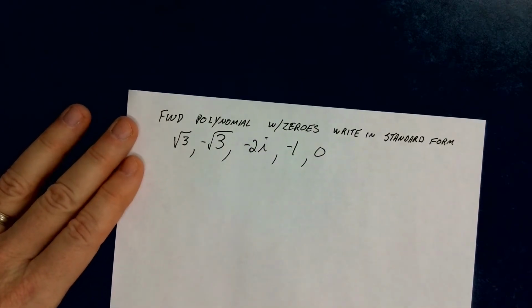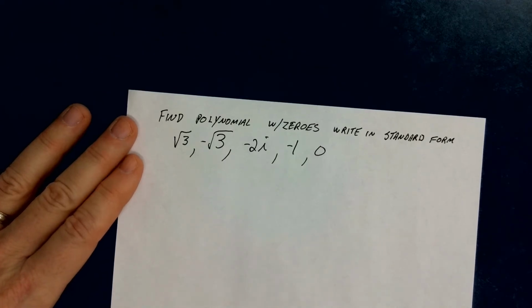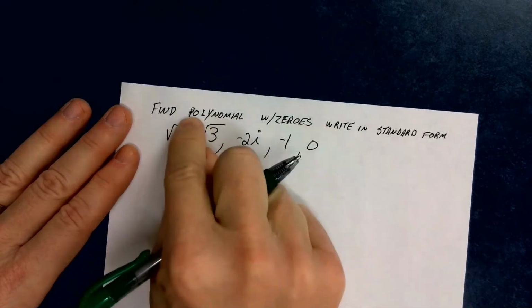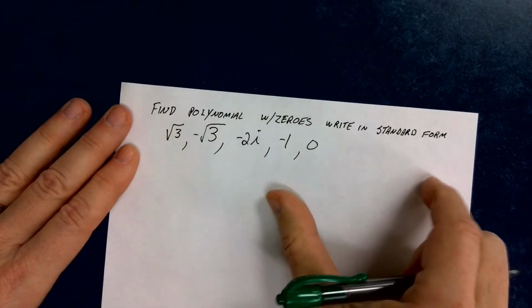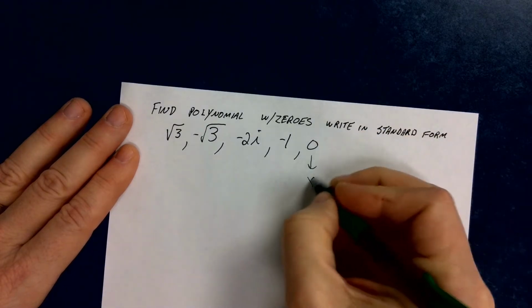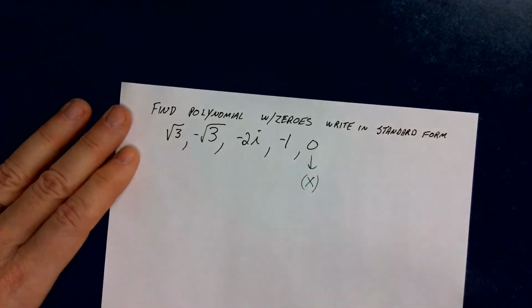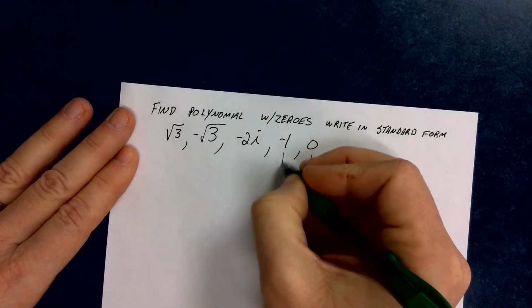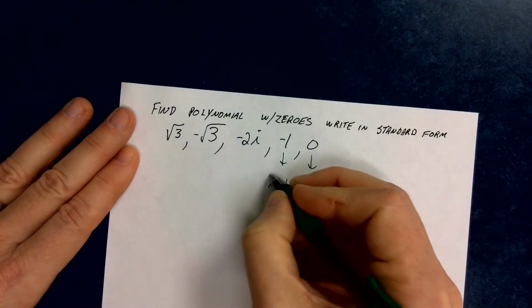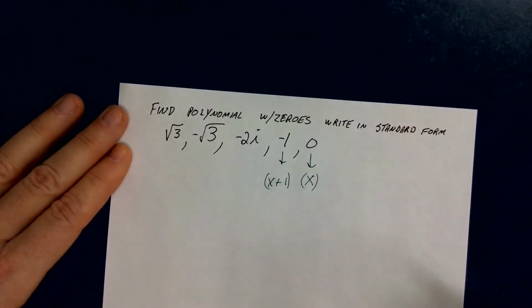So the first thing I'm going to do is I'm going to try and write down what I know is true. So because I can find a polynomial if I can list all the factors and multiply all those factors together, right? So if this is a 0, then I know x has to be a factor. If this is a 0, then I know x plus 1 is a factor, right?